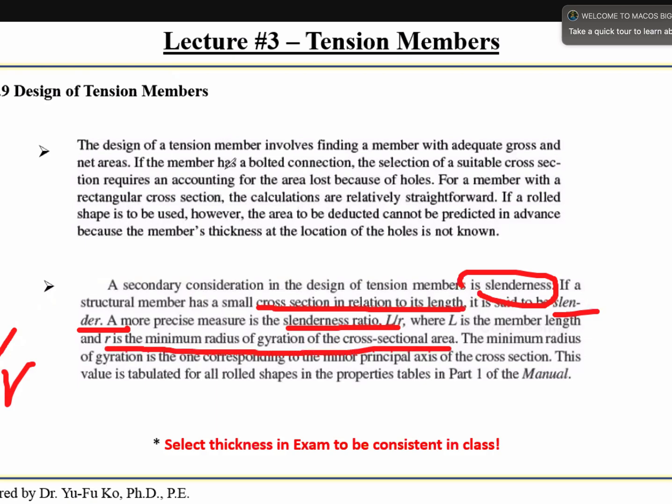I think I mentioned this before. The radius of gyration, where you need to pick the minimum, is equal to the square root of the minimum moment of inertia divided by cross-sectional area. So L over r we call the slenderness ratio.